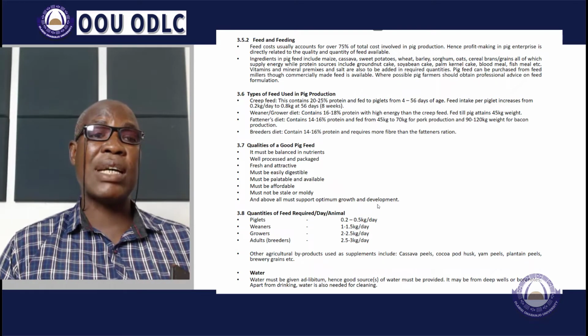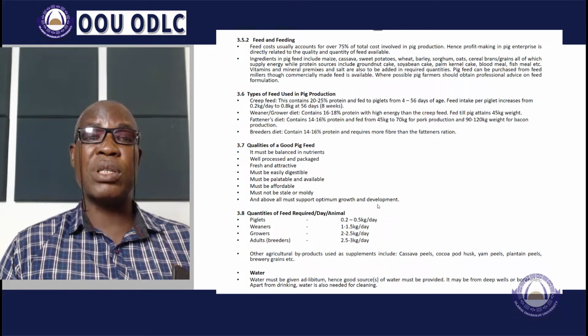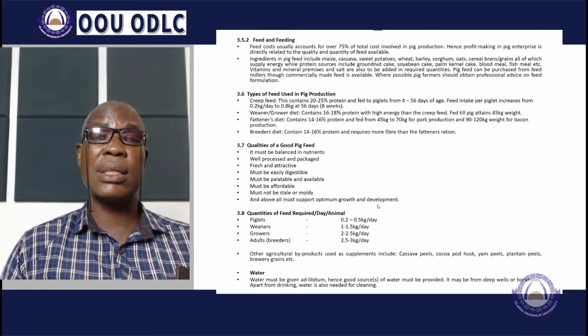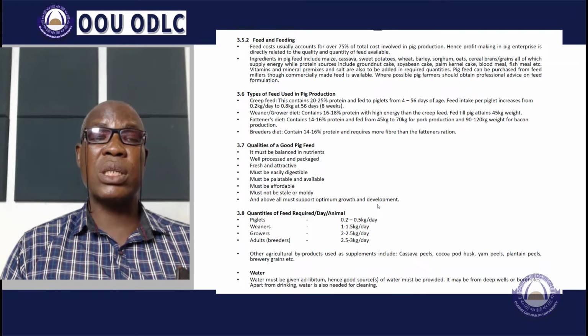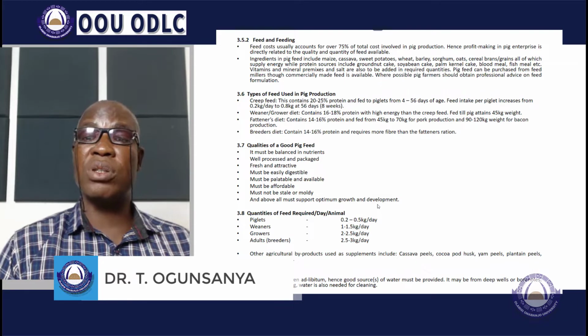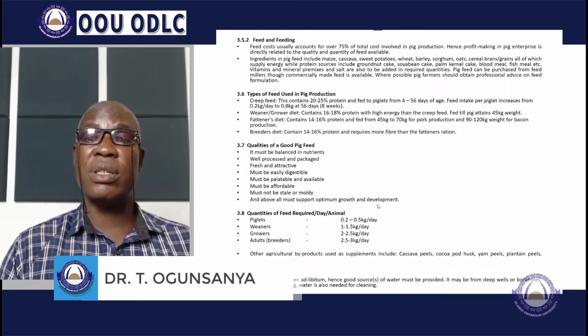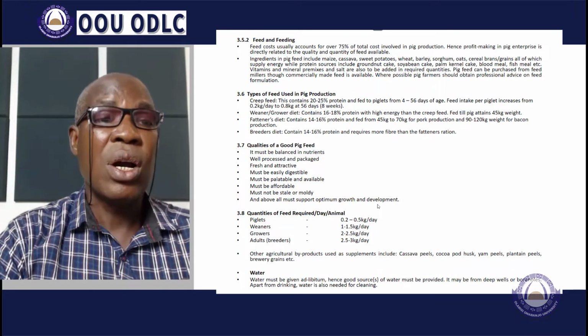Vitamins and minerals should be provided in premixes, and salt also, so that the feed for the animals can be adequate and of good quality. Pig feeds can be purchased from feed millers all over the country, and one can also go to the feed mills and mill the feed. Seek professional advice on feed formulation.